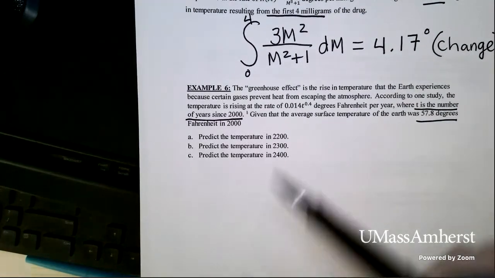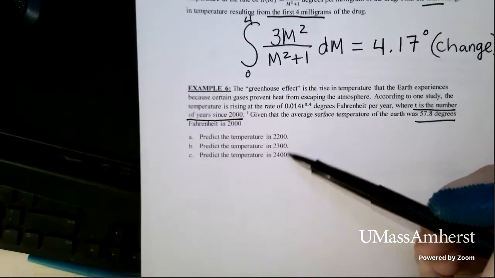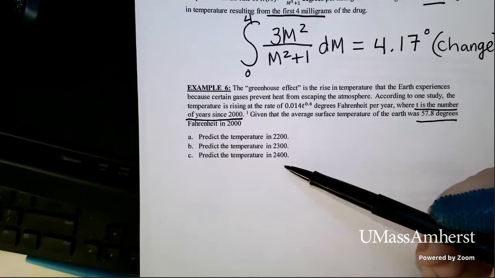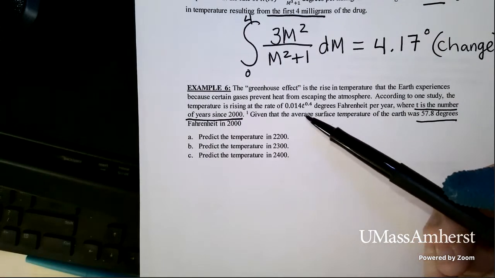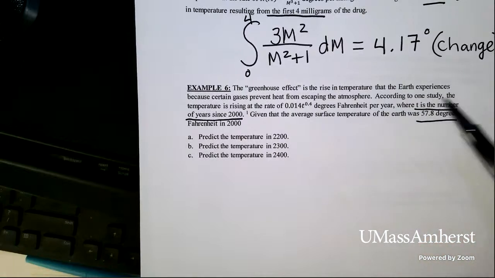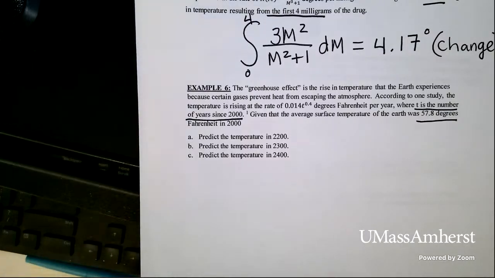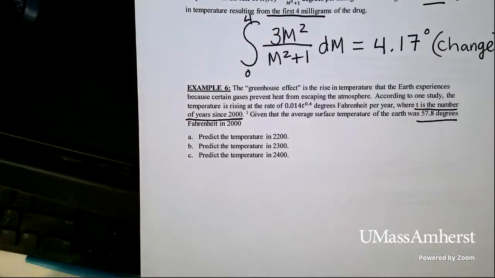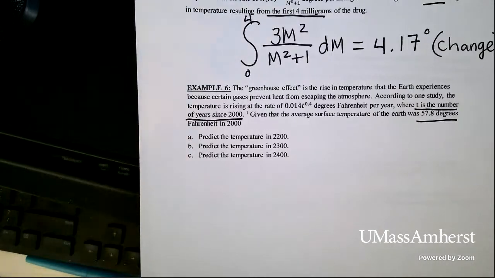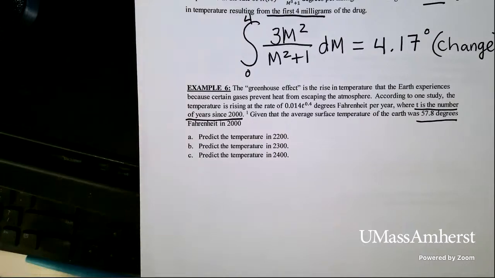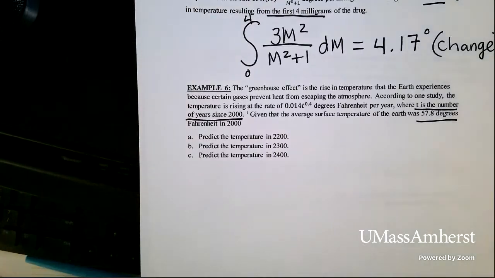So we have to think about how we can set up an integral for each of these years we're trying to predict, how we will calculate the change in temperature, and how we would then relate the current temperature to make this type of prediction. Okay, so I'm going to give you about 2 minutes. See if you can set up some of these integrals, see if you can figure out how to take the information to answer the question, and then we will go through it together.